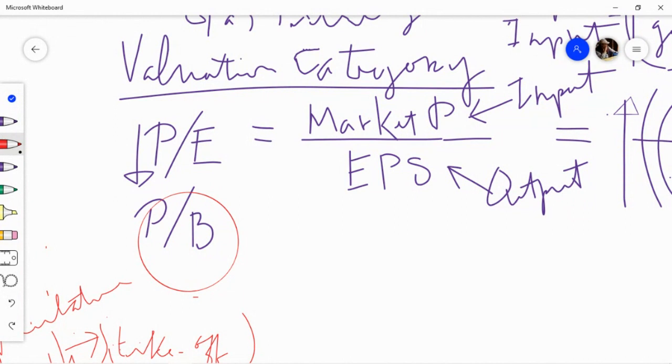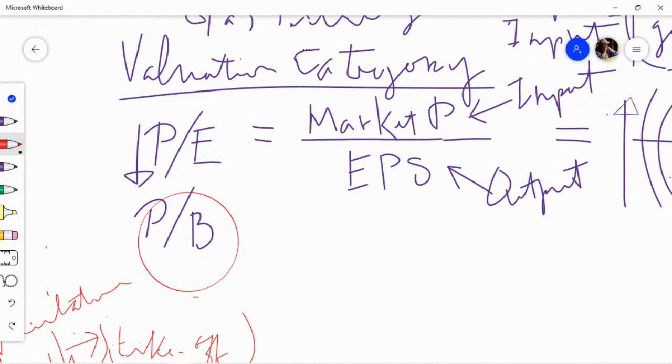But then again, market price can be mispricing. The market can be mispricing the stock because in the short run the market is not rational. In other words, investors are not rational in the short run, and investors tend to trade by noise.